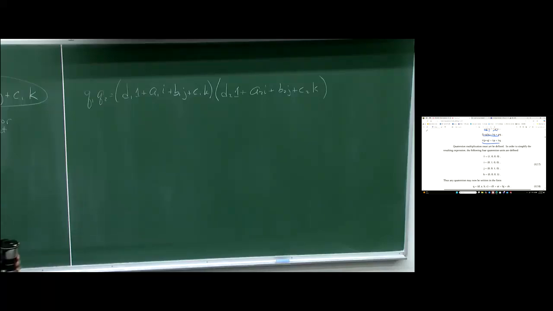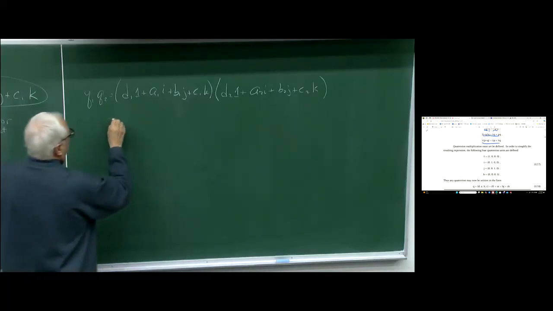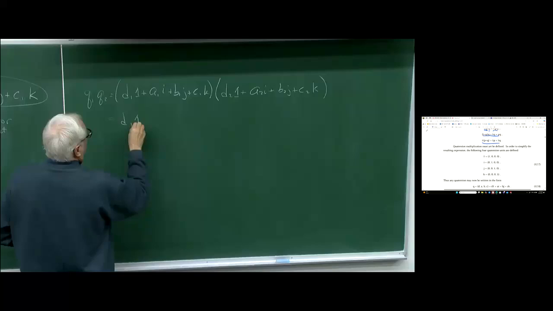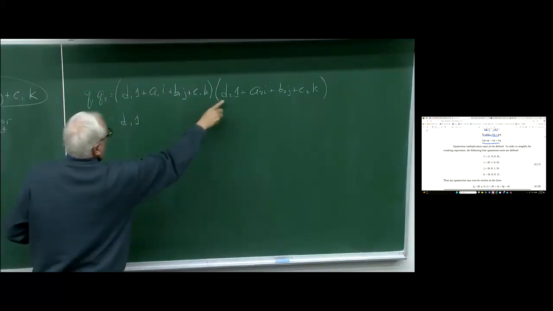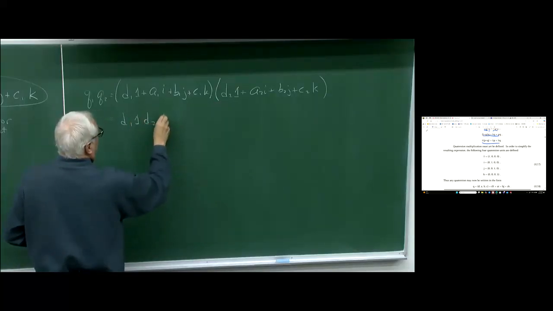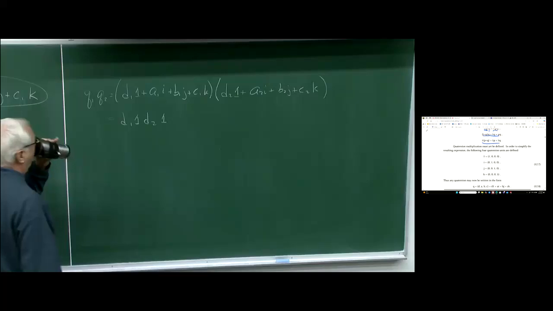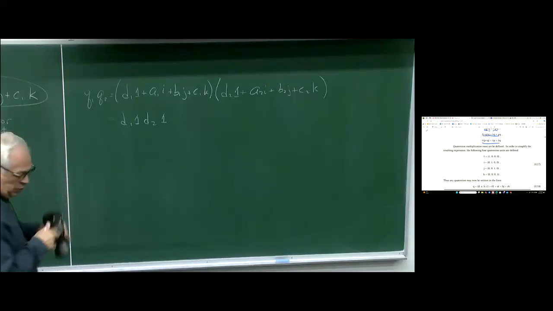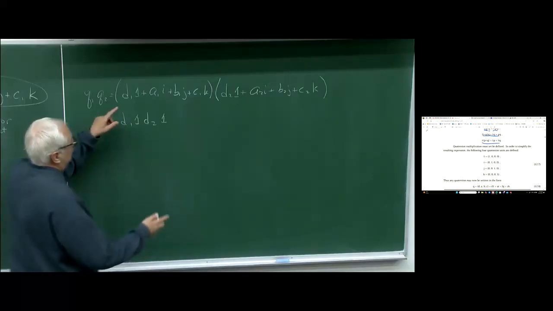And to start off, we're not going to do anything magical. We're going to say it's equal to D1 times 1 times D2 times 1. Boy, there's going to be a lot of terms. Is it 16, if I got this right? But we're just going to go for it.